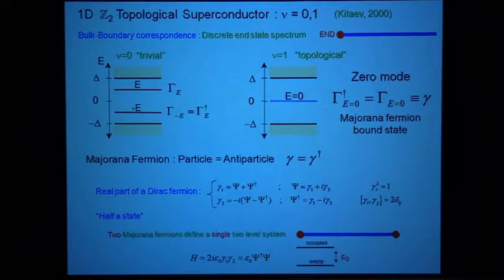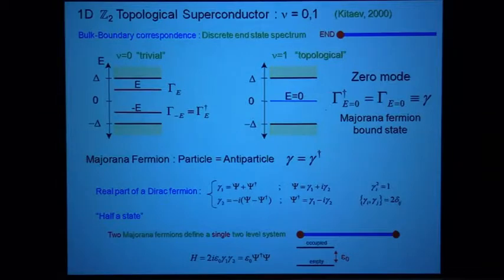You can have topological superconductors, and the simplest version of this is thinking about one dimension. In order to understand this in the most simple way, I want to do what I've been doing all along, which is to first think about the boundary and ask, what kinds of protected things can I have on the boundary? So the boundary of a one-dimensional system is, of course, the zero-dimensional end.